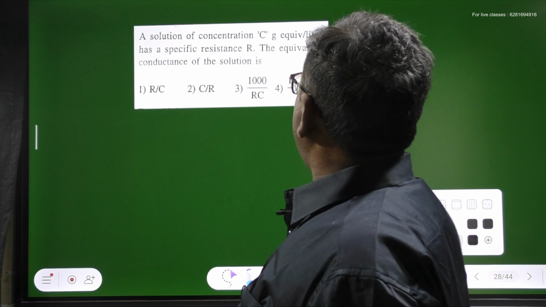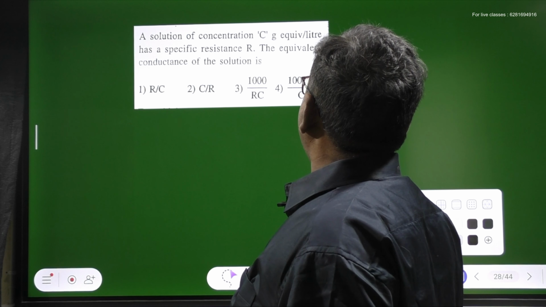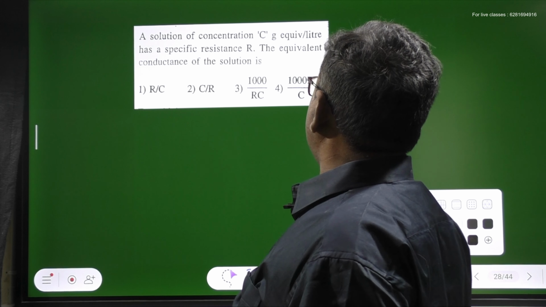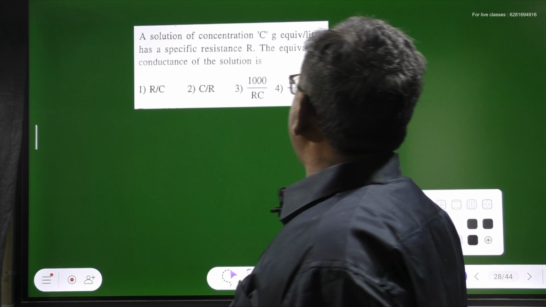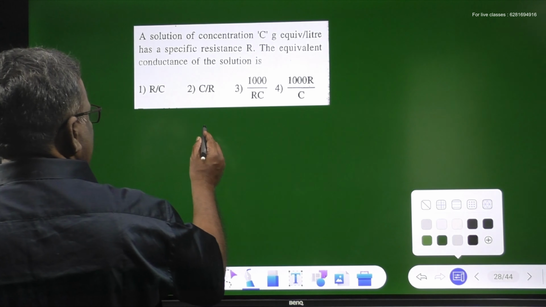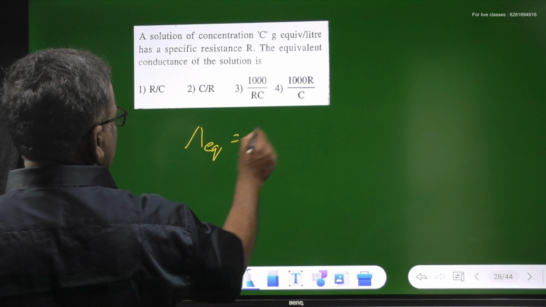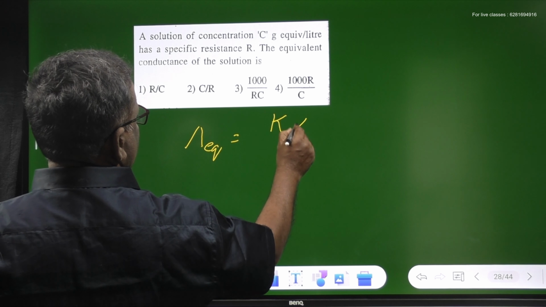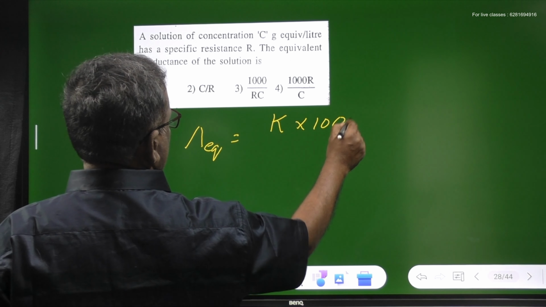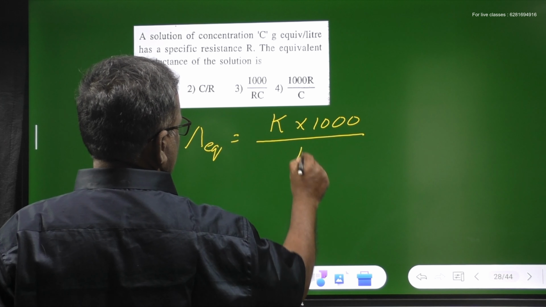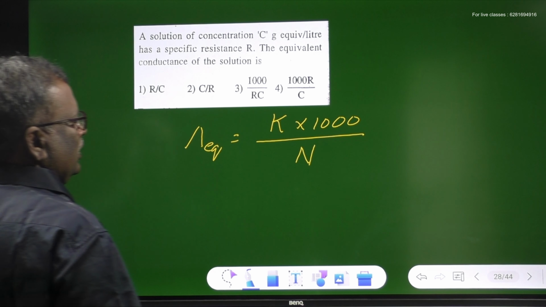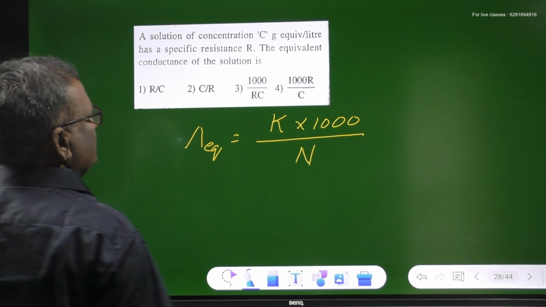The solution of concentration C gram equivalent per liter has specific resistance R. What is the equivalent conductance of the solution? Equivalent conductance of a solution is equal to K into 1000 by N. K is specific conductance.